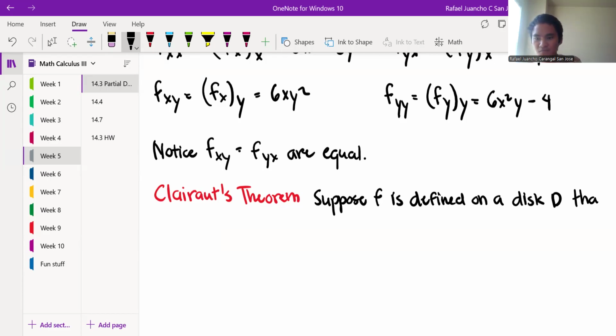And this function contains a point, and we'll just call it (a, b).